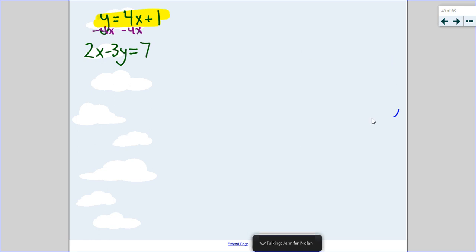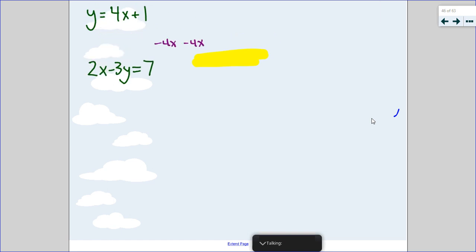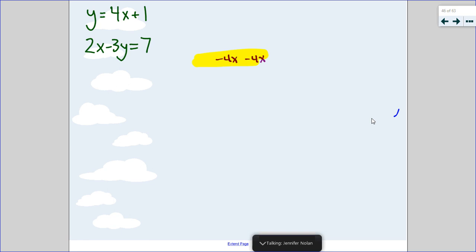Let me just clean it up a skosh. Okay, so there's my original system. And if we consider solving by substitution, substitution means we're going to substitute one expression in for one variable.